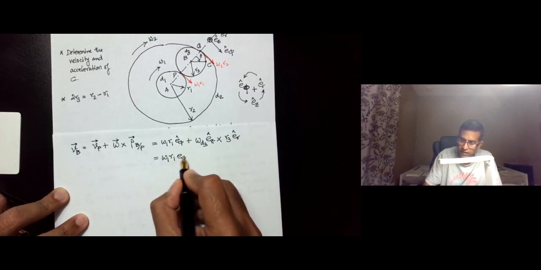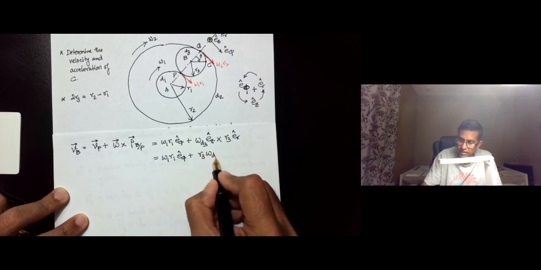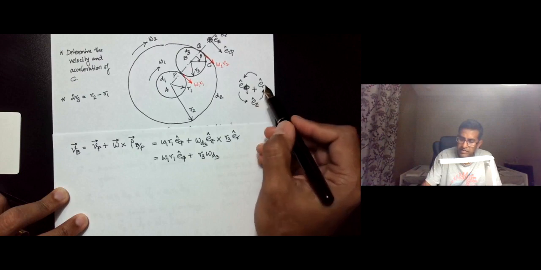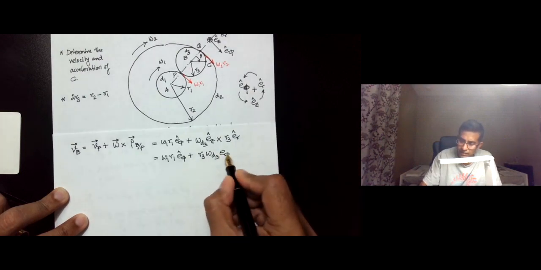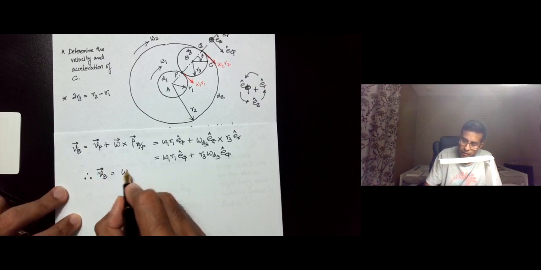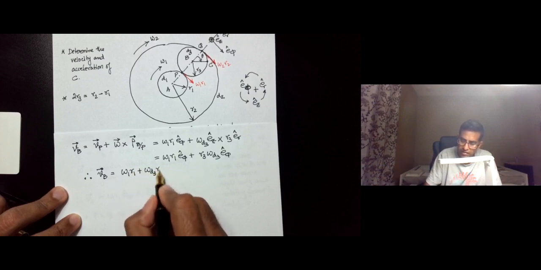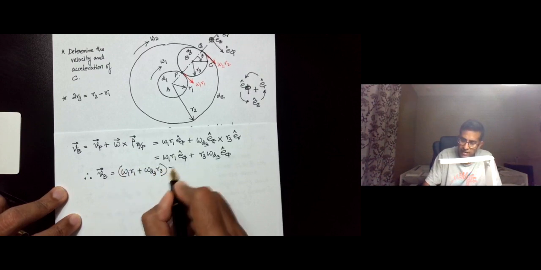So you have omega 1 r1 E phi plus r3 omega d3, and Ez cross er is E phi. Okay, so therefore we have the expression for Vb. So Vb is equal to omega 1 r1 plus omega d3 r3, and it's in the E phi direction.